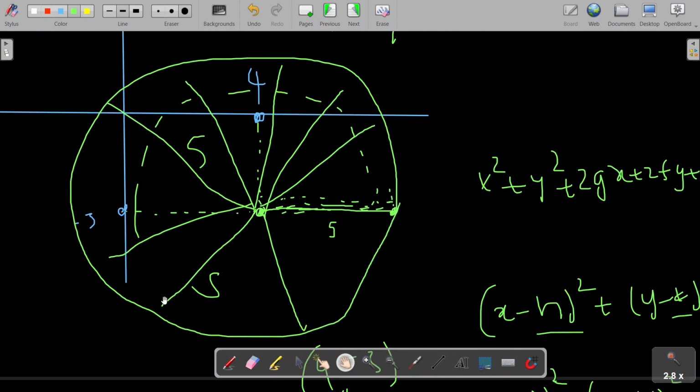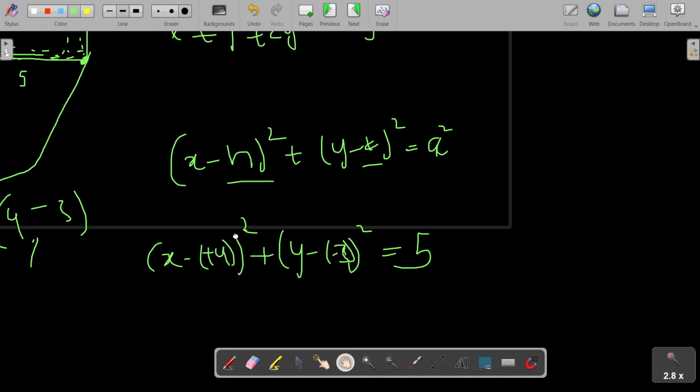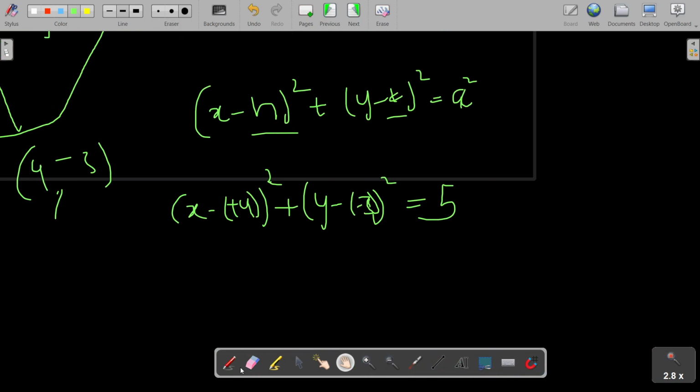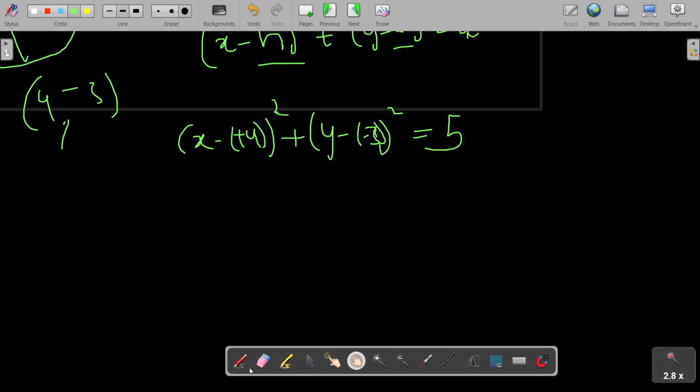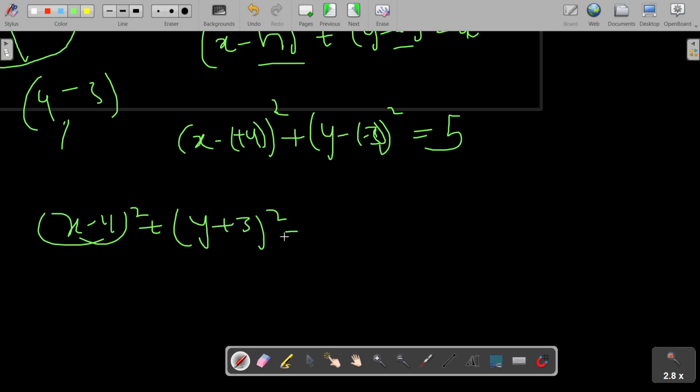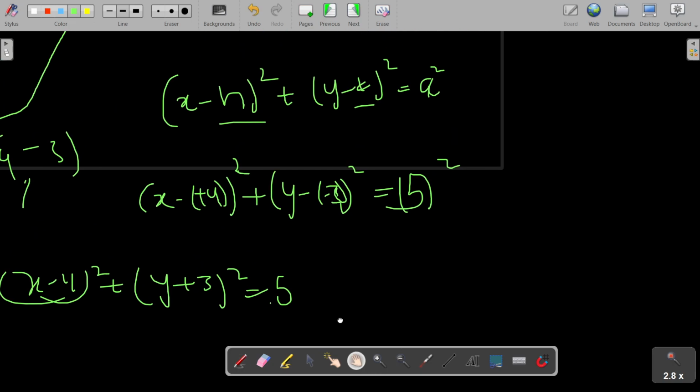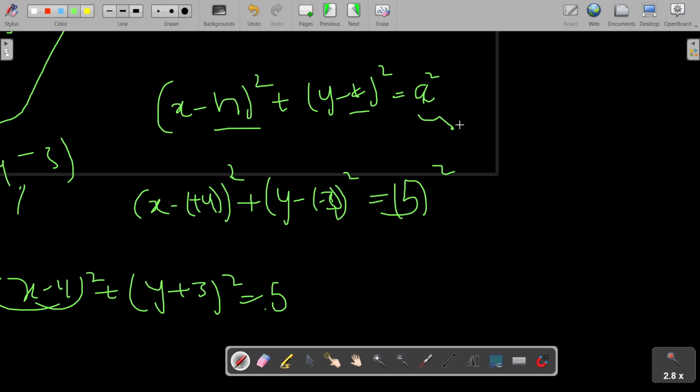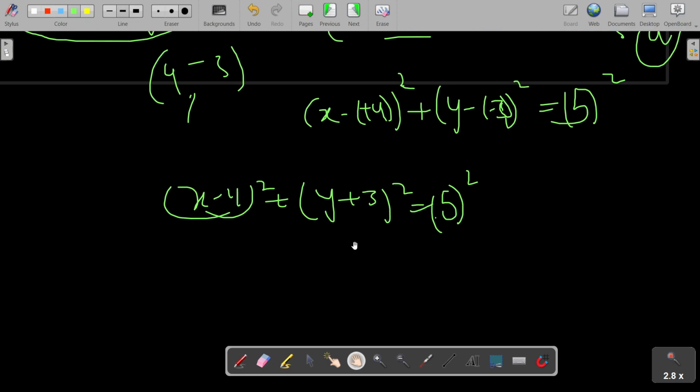If I get to know what shape this is forming, then I can use this general form of the circle to find the equation of the locus points. So this is x minus 4 whole squared plus y plus 3 whole squared is equal to 5, sorry, 5 squared. The radius is 5, and this is radius squared basically. A is the radius. Sorry for the small blunder.